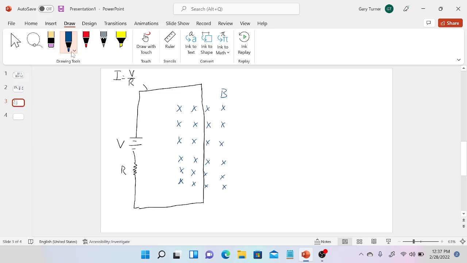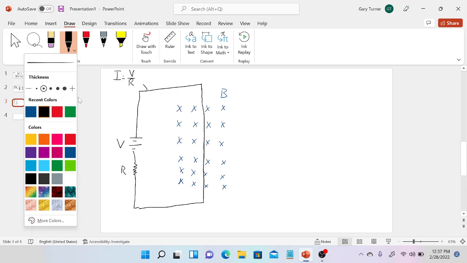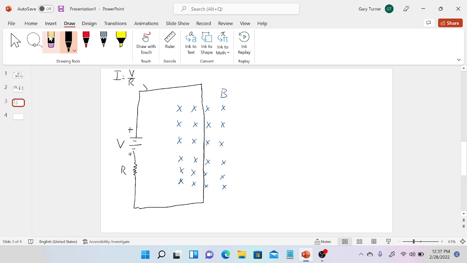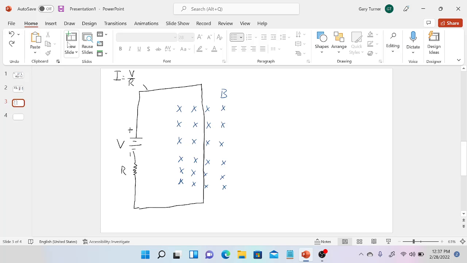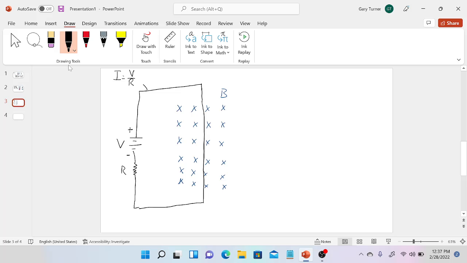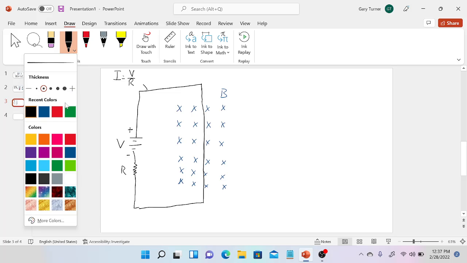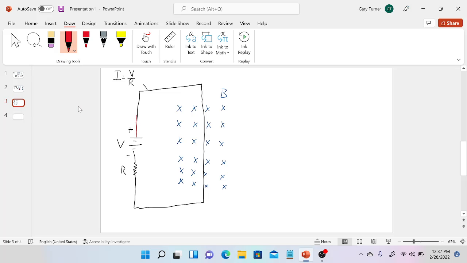And we define the direction of current in a situation like this to be the direction of positive charge. And so here's our negative terminal. We've got our positive terminal. Our current is going to flow this way. Okay. So I is going to be downward here, right? And so if I have I downward, then this deflection is going to be to the right.